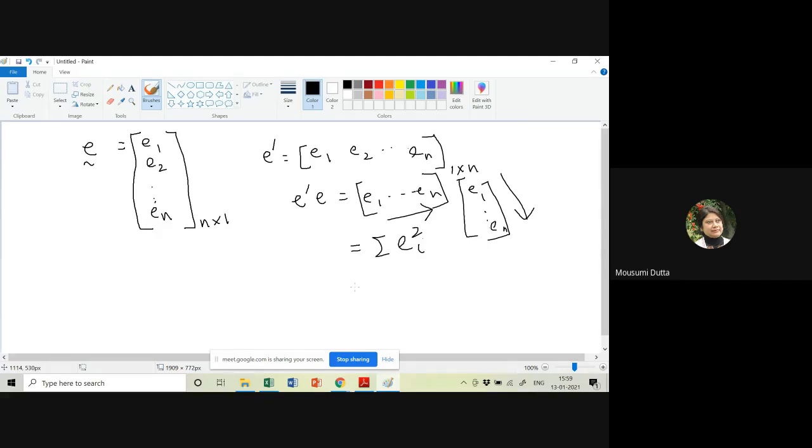What is the order of e transpose e? It is 1 cross 1. So if the order is 1 cross 1, is it a vector, a scalar, or a matrix? It's a scalar, a single term.